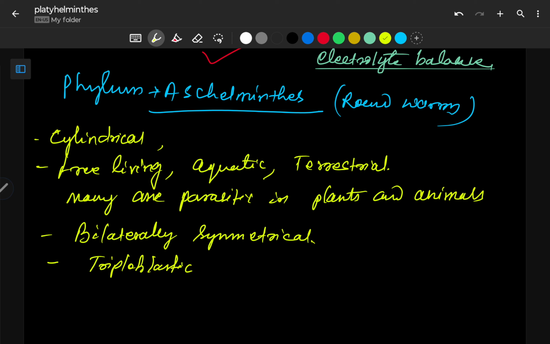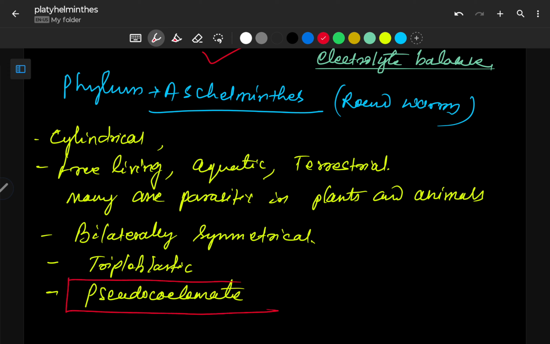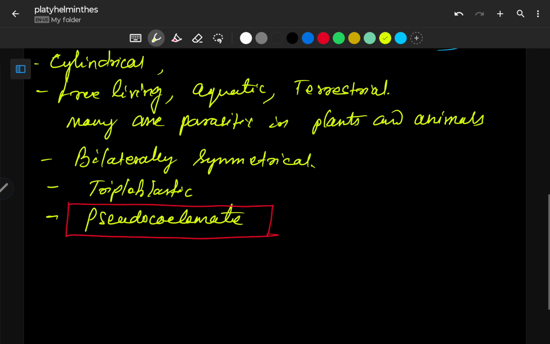And the most unique feature is that they are pseudocoelomate. They are pseudocoelomate. Very, very important. This is the only phylum where the organisms are pseudocoelomate, and they have organ system level of organization.